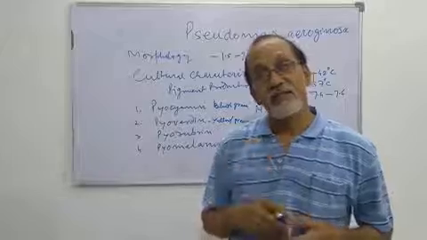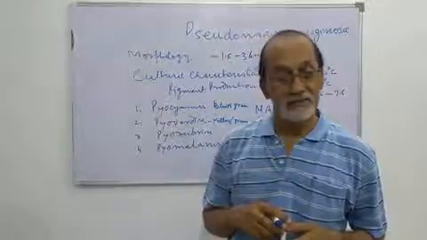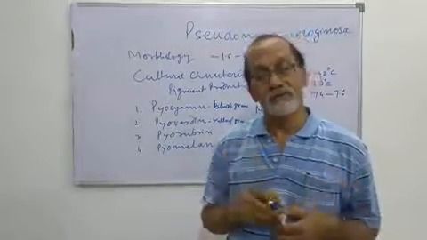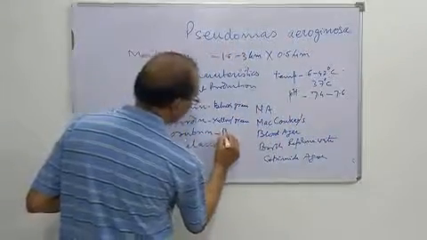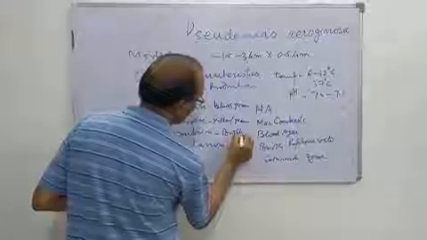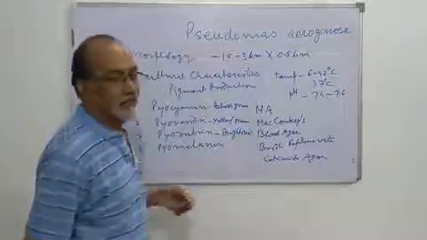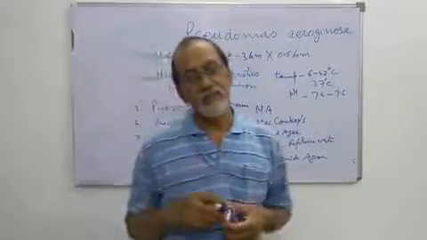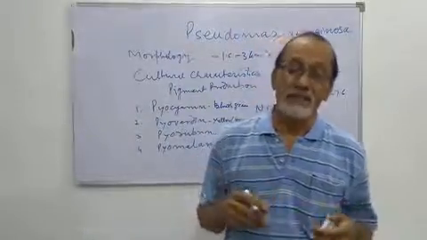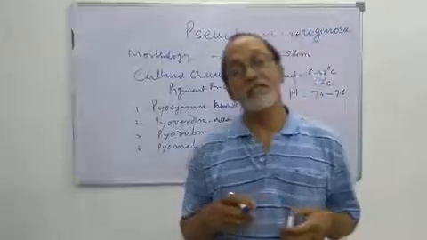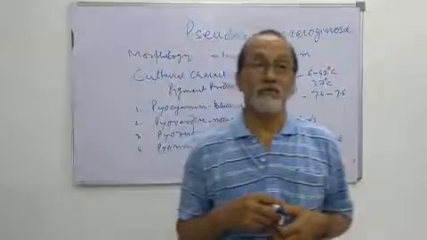Pyorubin is bright red, soluble in water, and is a phenazine pigment that is insoluble in chloroform.